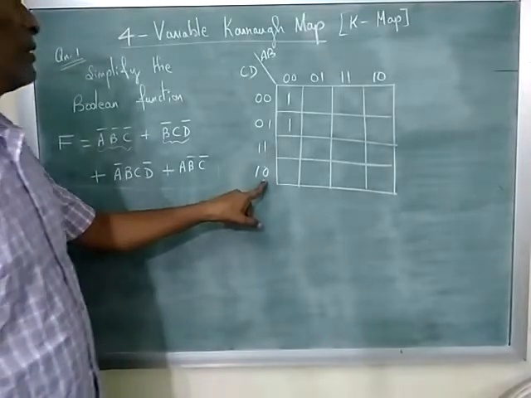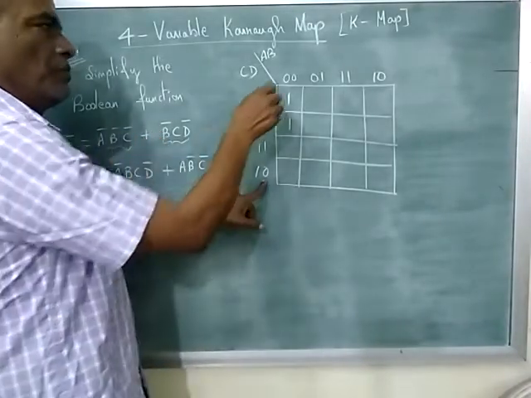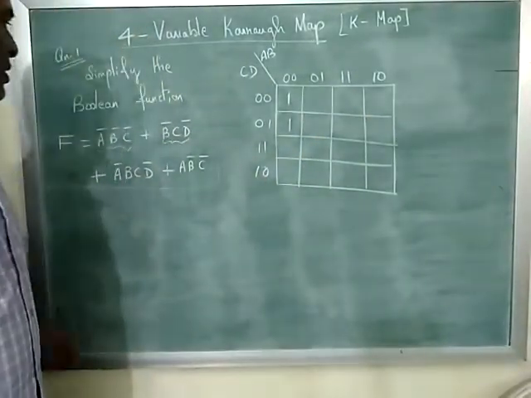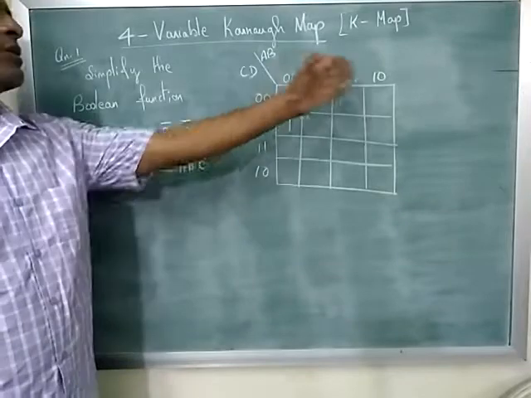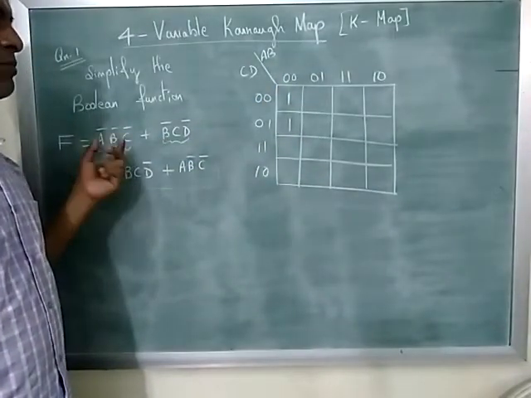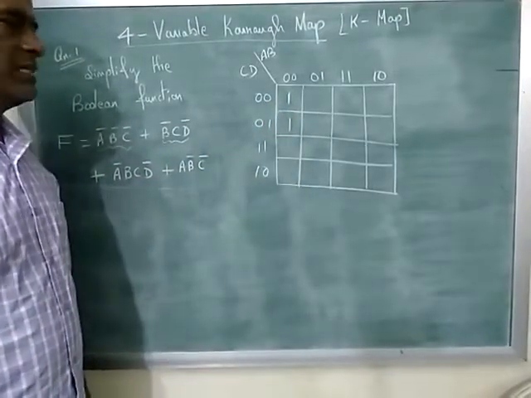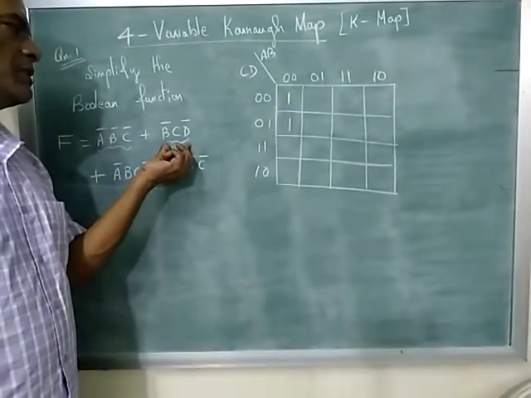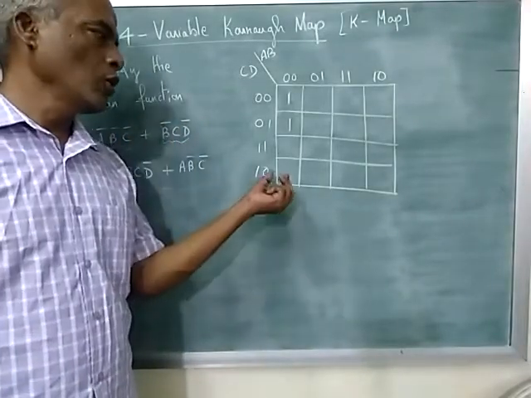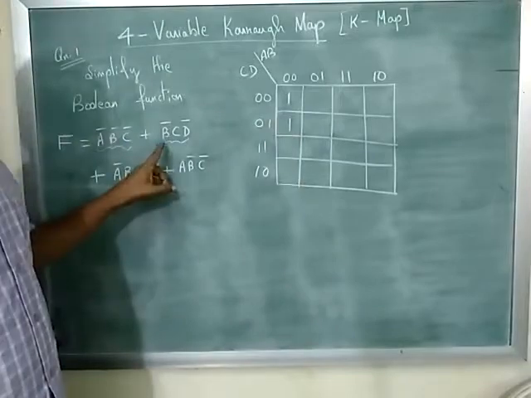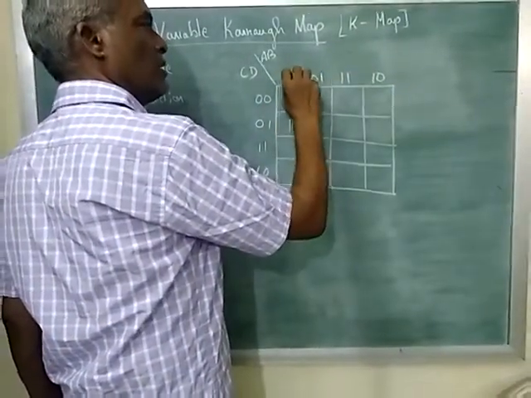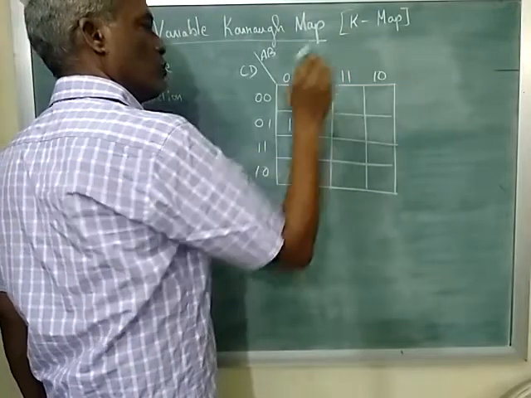So B bar is here and B bar is here. One thing you have to remember: in the 4 variable Karnaugh map, if you have 3 variables, then 2 ones have to be placed. So here again 3 variables, therefore 2 ones have to be placed. That means we will be using only 2 boxes. So B bar we have here, whereas A is differing. A is 0 and here it is 1.